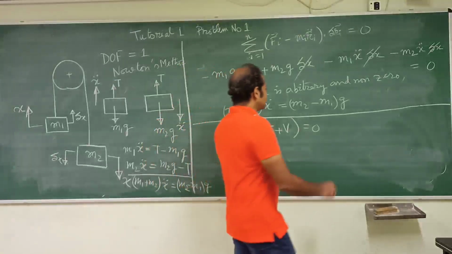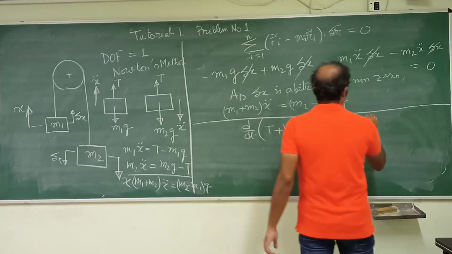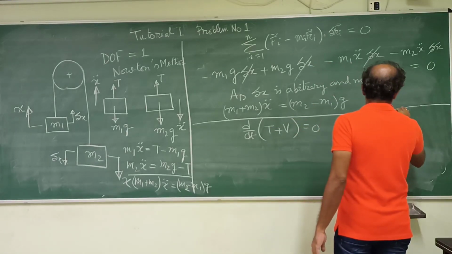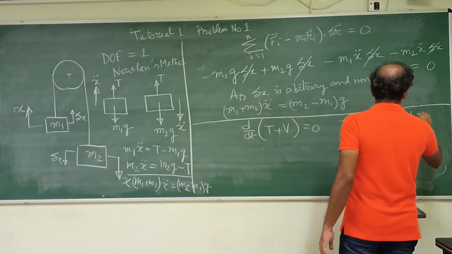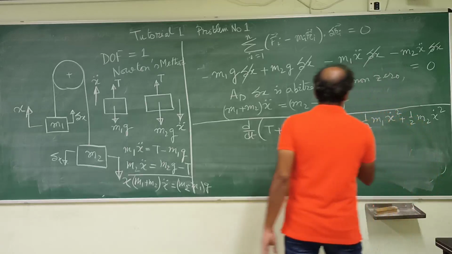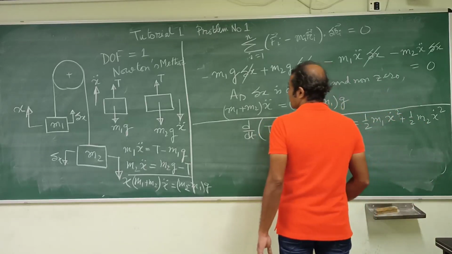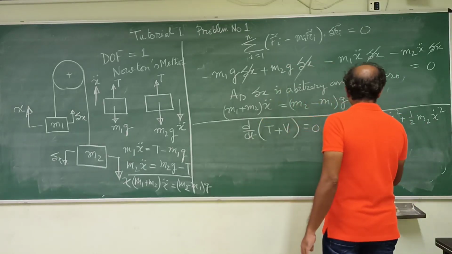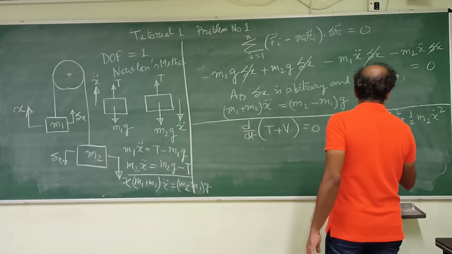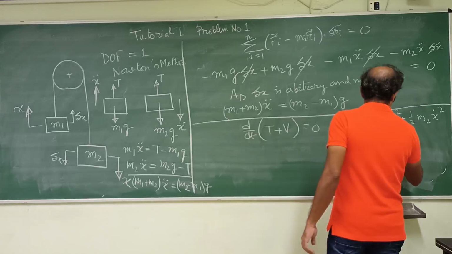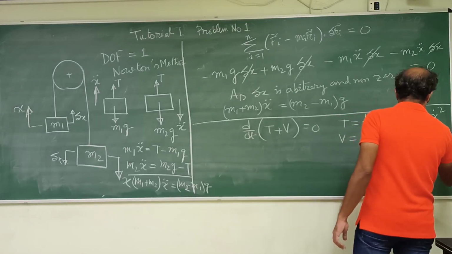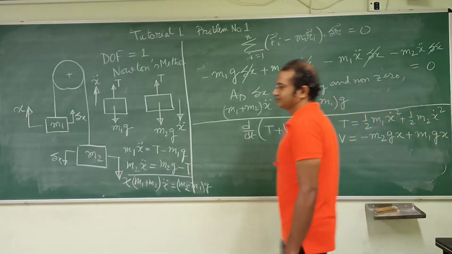Okay. Now let us identify T. T is equal to half m1 x dot square plus half m2 x dot square. The potential energy is minus m2 g x plus m1 g x. Agree?